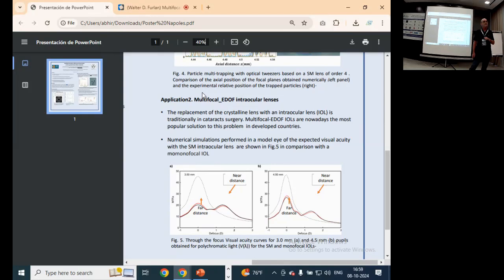So these multifocal intraocular lenses will replace cataract surgery? No, they are complementary surgeries. Refractive surgery is used many times to correct little defects after the first surgery, which is replacing the crystalline lens by the intraocular lens.